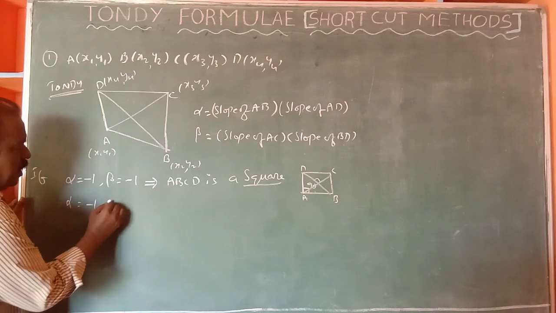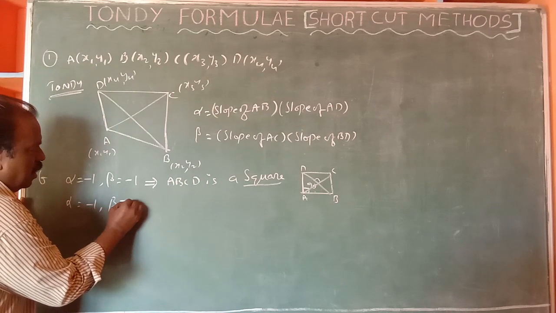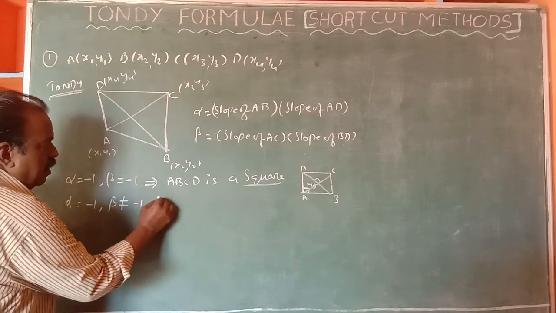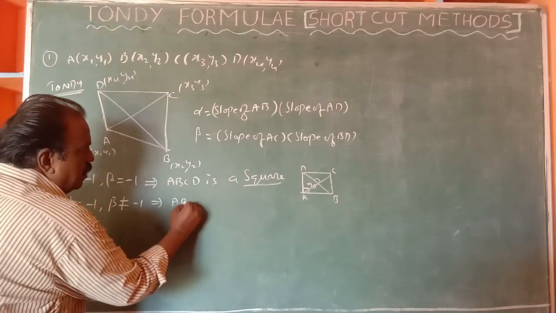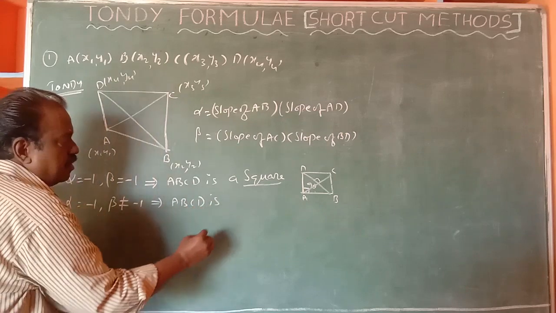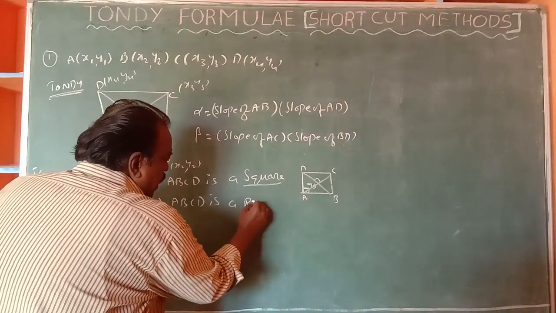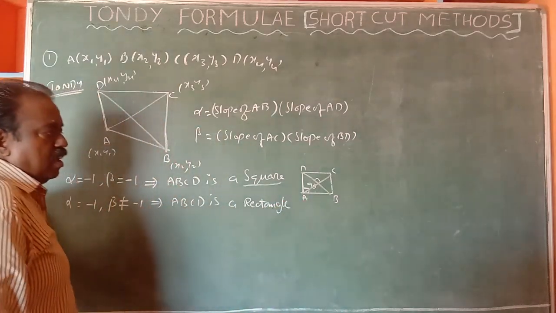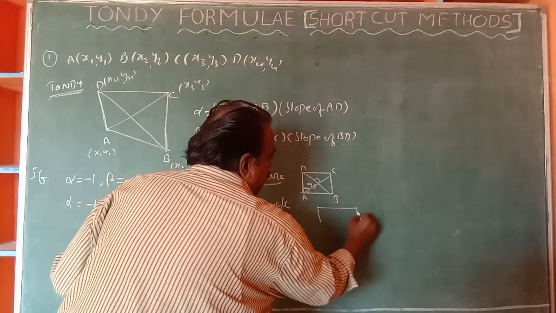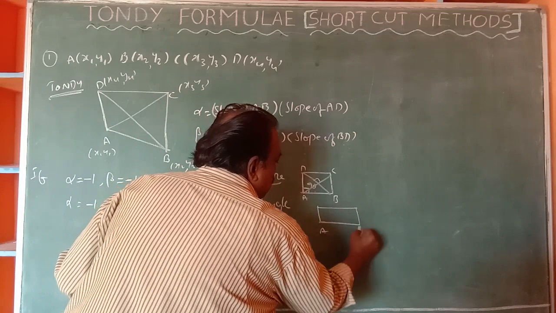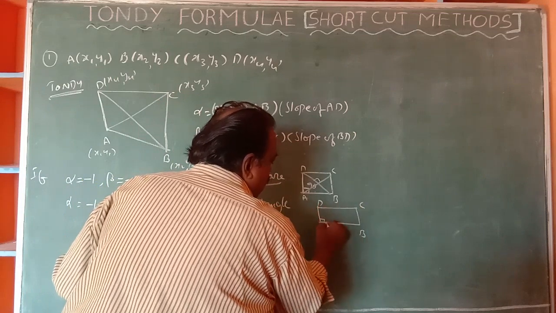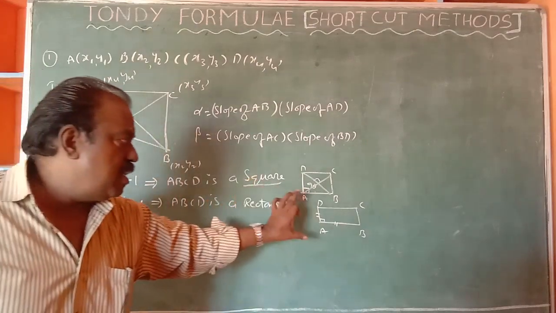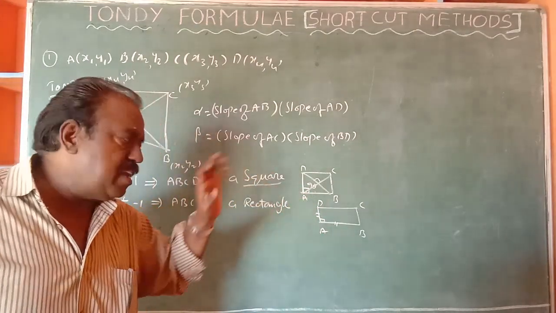If alpha is equal to minus 1 but beta is not equal to minus 1, then ABCD is a rectangle. Easily you can understand. Rectangle means, of course, the adjacent sides AB and AD are at right angles, but the diagonals need not have a right angle.